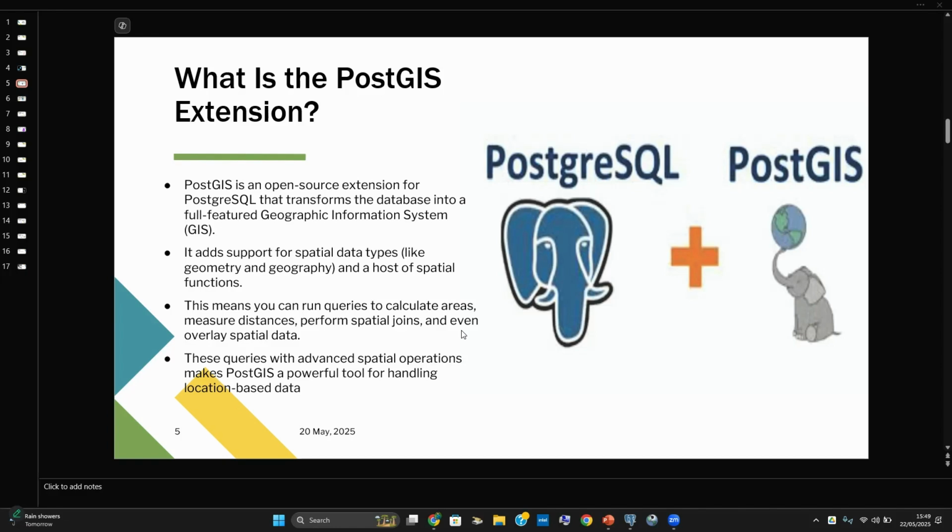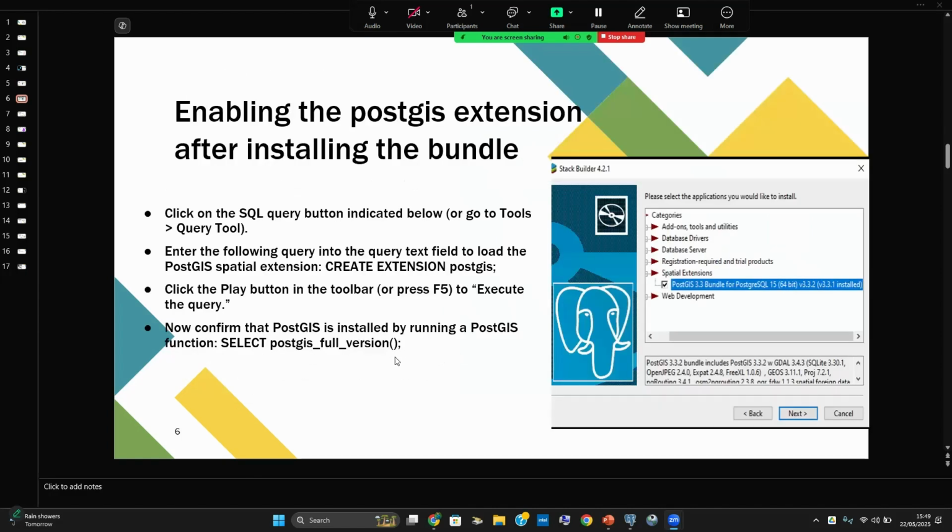That means we can run queries to calculate areas, measure distances, perform spatial joins, and even overlay spatial data, all within that Postgres database. So the ability to combine standard relational queries with advanced spatial operations is what makes PostGIS a powerful tool for handling location-based data.